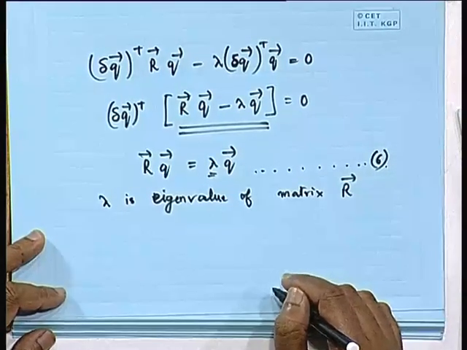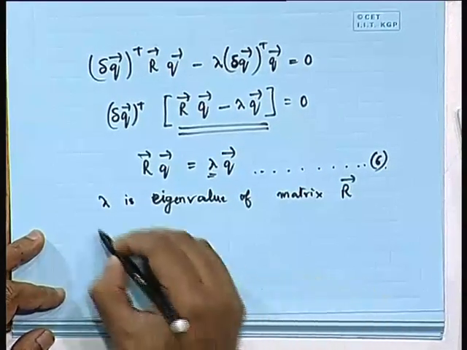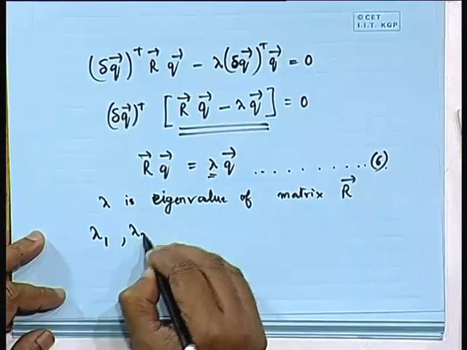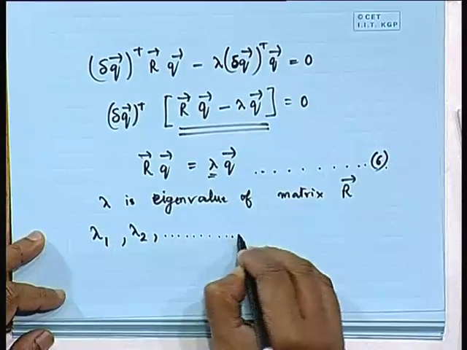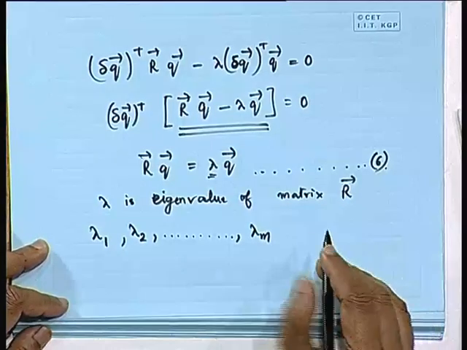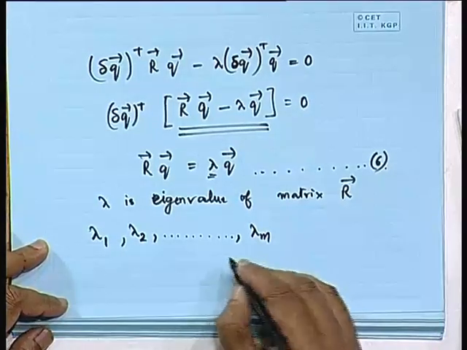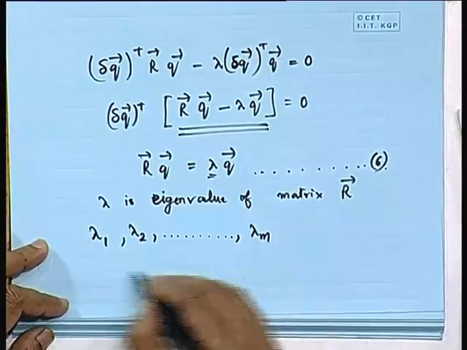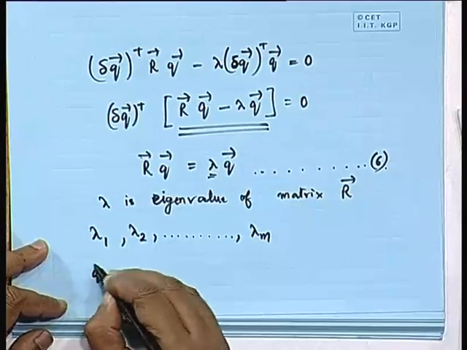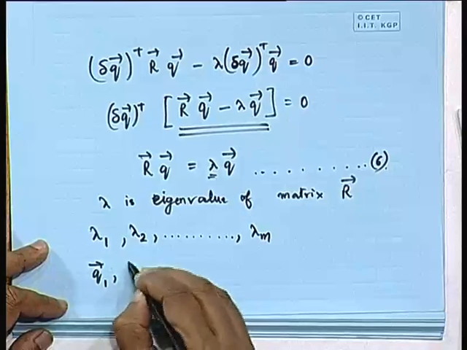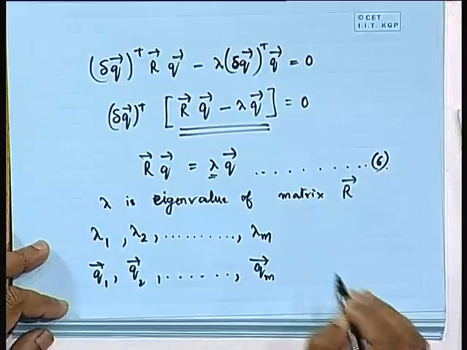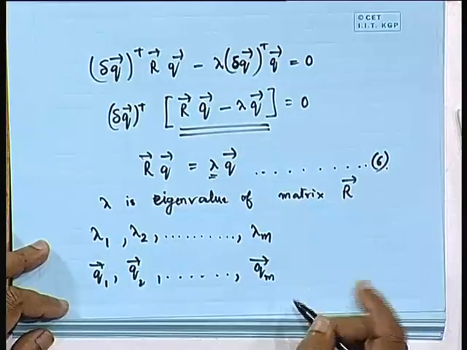There will be m such eigenvalues. So, we can find out m such solutions. There will be lambda 1, lambda 2 up to lambda m, and the associated values of q's that we get with those are given as q1, q2 up to qm. These are the vectors which are associated with it.